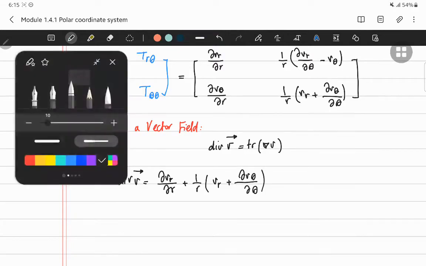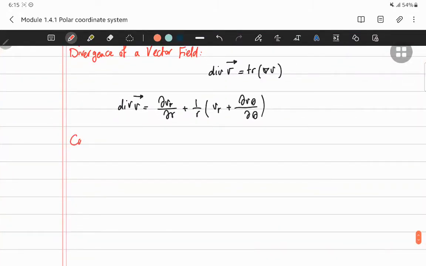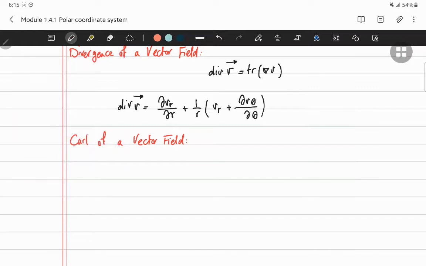So now let's get to the curl of a vector field. If you remember, we said that the curl of a vector field is 2 times the dual vector.